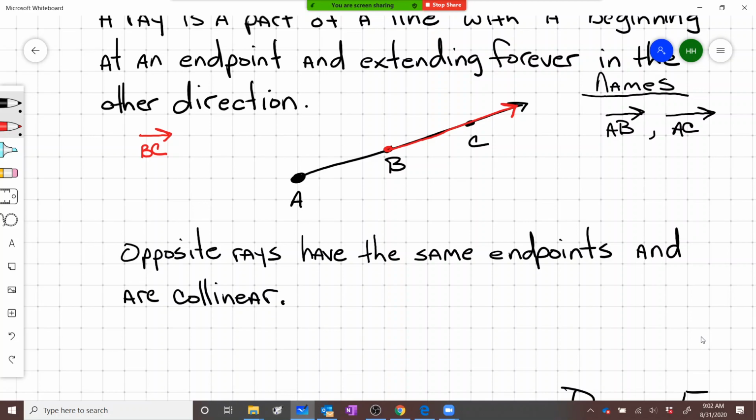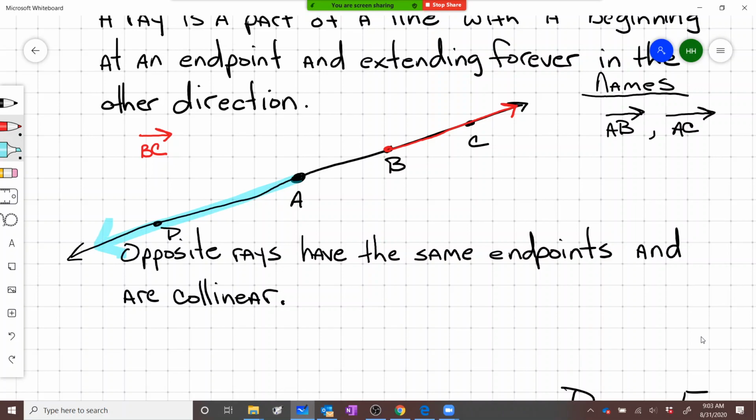Opposite rays. Okay, they're just what they say they are. They share an endpoint. So look, we've got ray AB right here, agreed? If we extend this and go down this direction and put point D on it, then in this case ray AB and ray AD, you see ray AD?